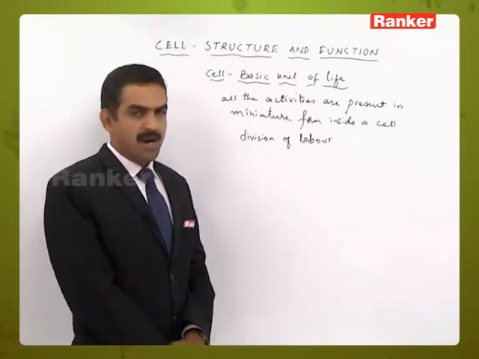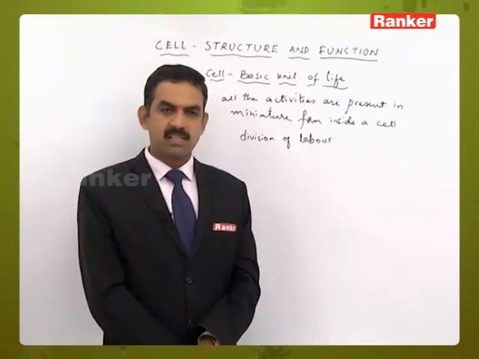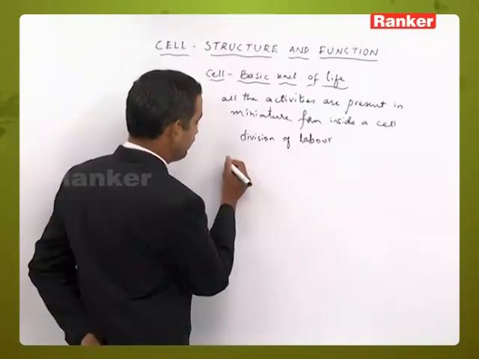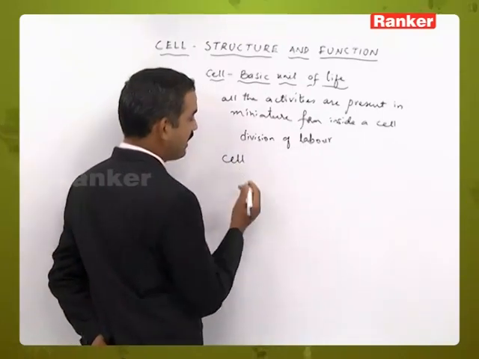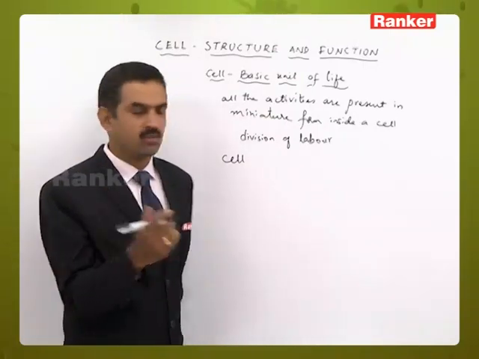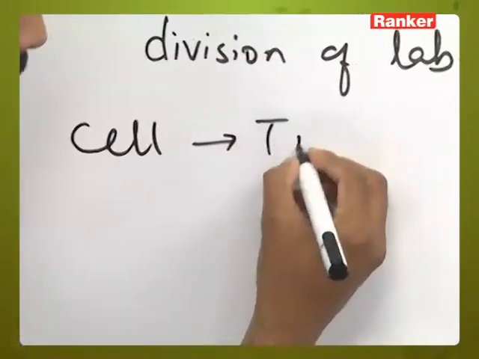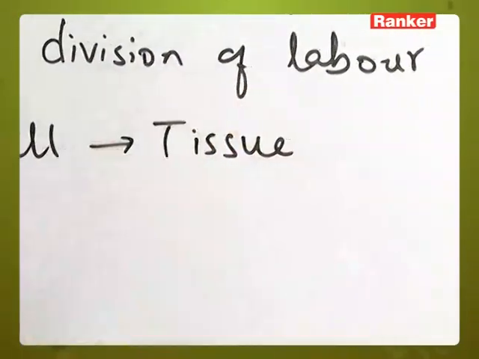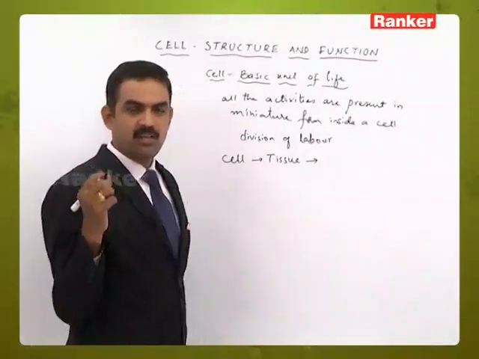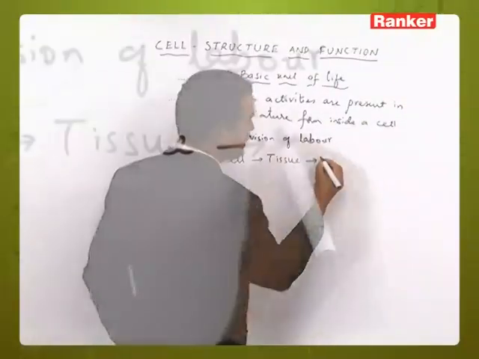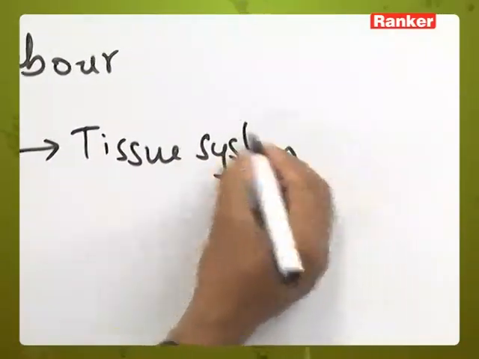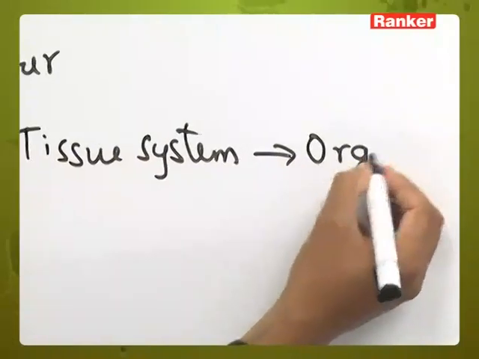And apart from this, we say that the life of any living organism starts with a cell. That first primary cell starts dividing to form a group of cells called tissue. Tissues with a particular organization we call tissue systems, and these tissue systems form into an organ.